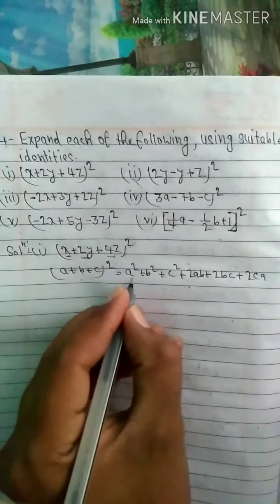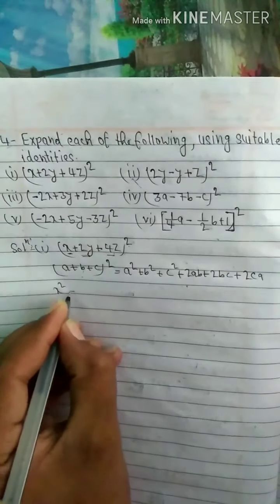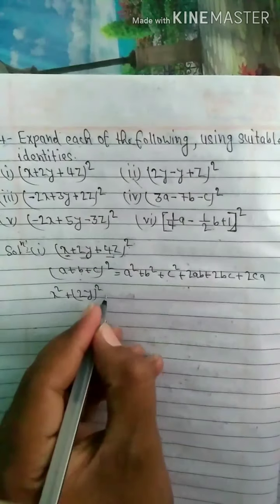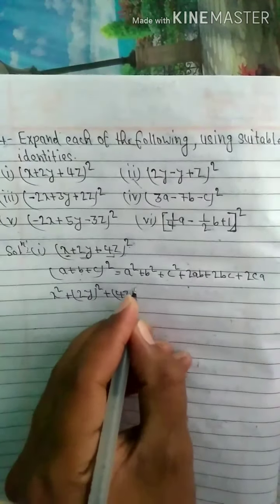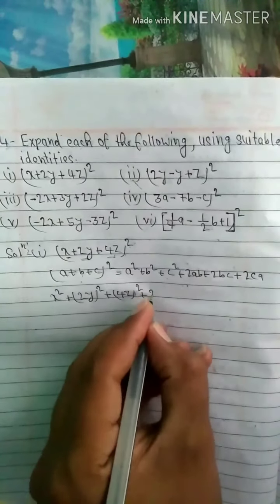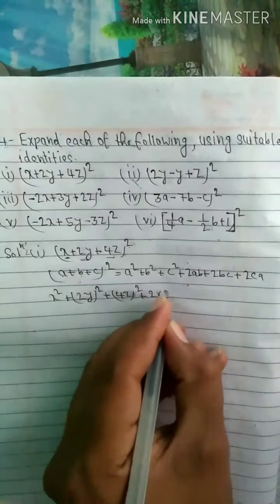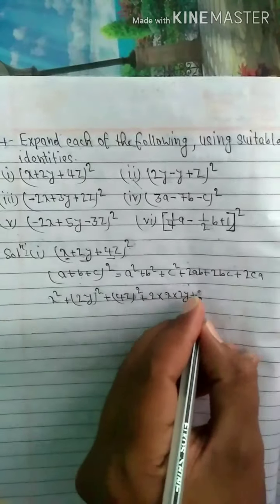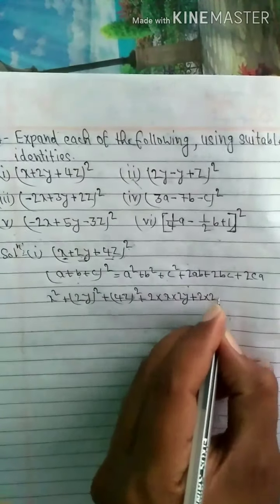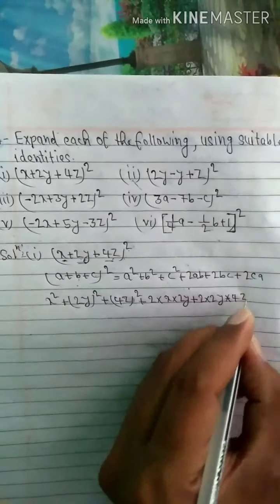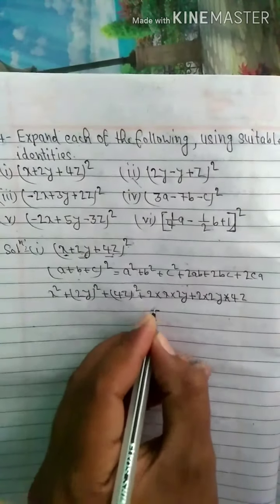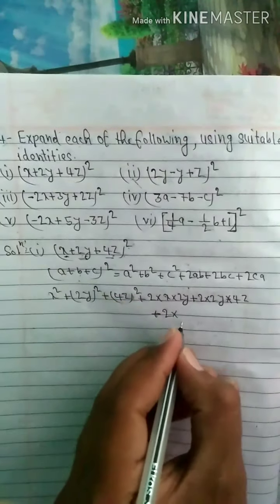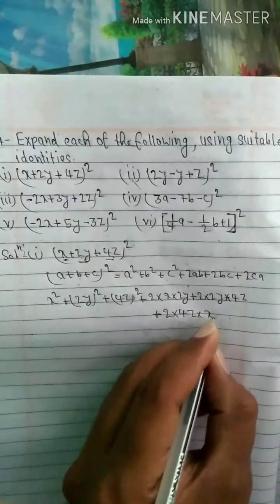So a², a means x², plus b², b is 2y, (2y) whole to the power 2, plus c², c is 4z, so (4z) whole square, plus 2ab, so 2 into a into b, x into 2y, plus 2bc, so 2 into 2y into 4z, plus 2ca, so 2 into c into a, 4z into x.